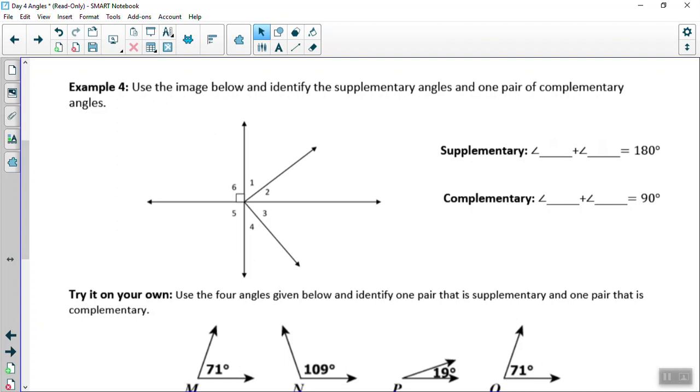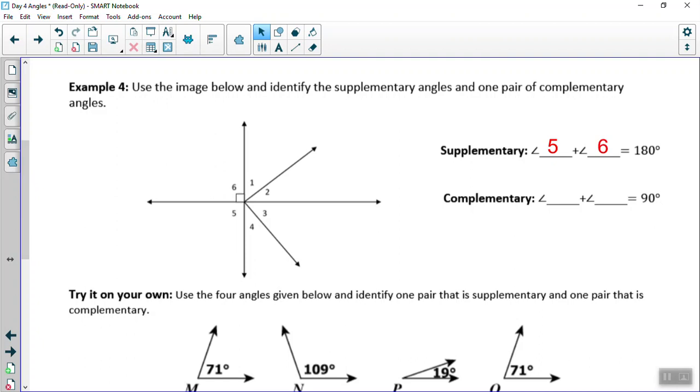I've got this one here that goes across. So to make that, I would look at 6, 1, and 2. All right, but we don't want all three of those angles. We want a pair. So then I can look at this straight line, and I can see that we've got 6 and 5. So together, 6 and 5 will add up to that 180 degrees.